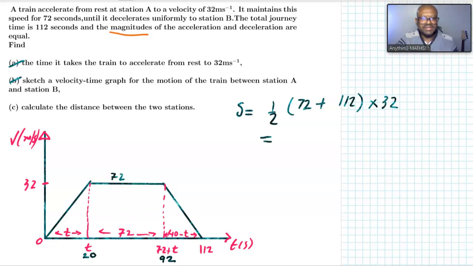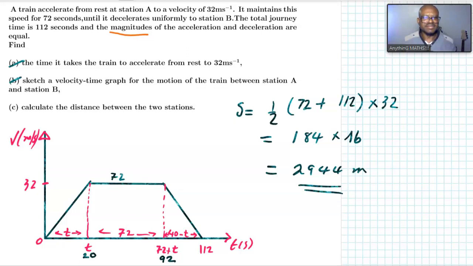And this will give us 184 times 16. You take your calculator to do 184 times 16, and you will get 2944 meters. So that's the best way to solve it.